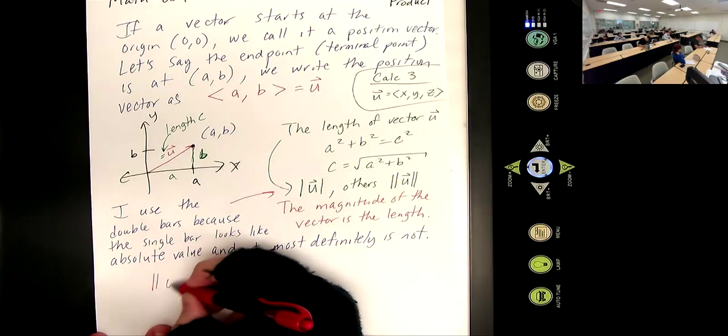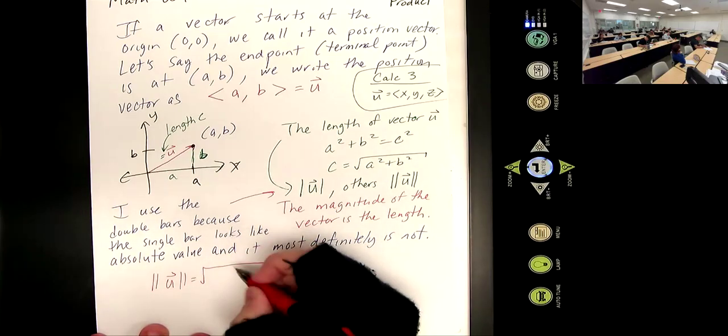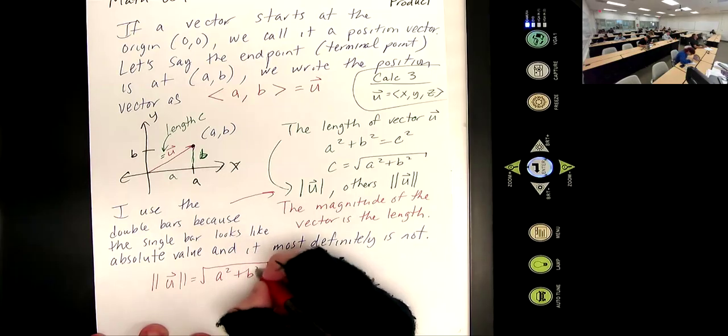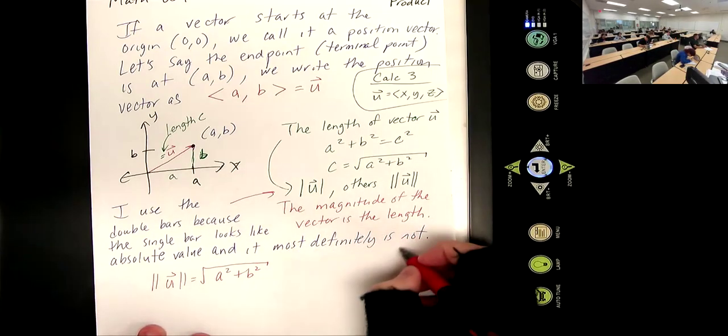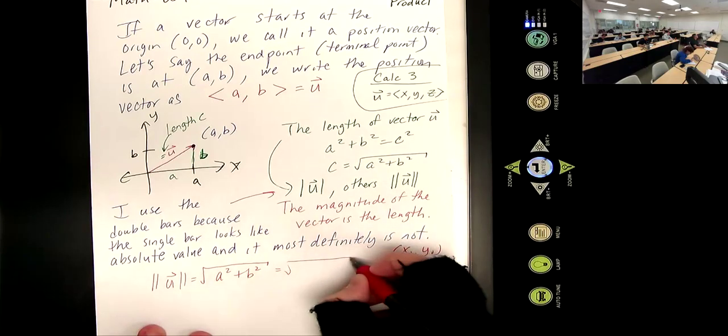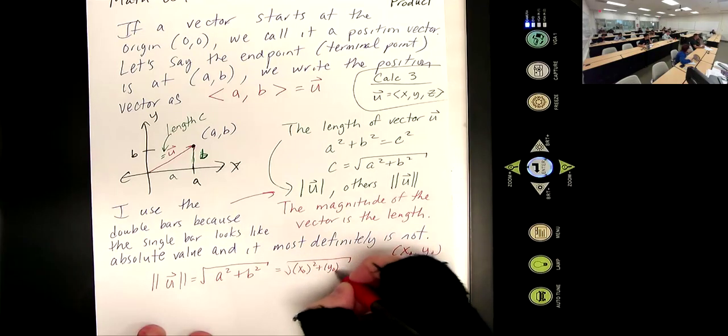So we have the magnitude of u equals the square root of a squared plus b squared in that picture. If you use some coordinate x naught, y naught, it's x naught squared plus y naught squared.